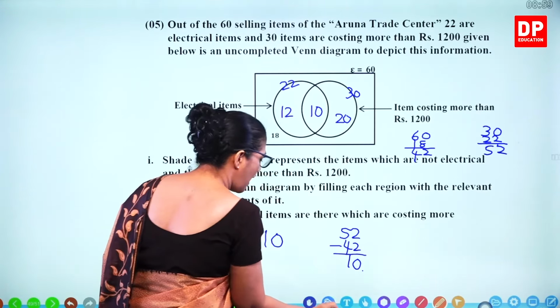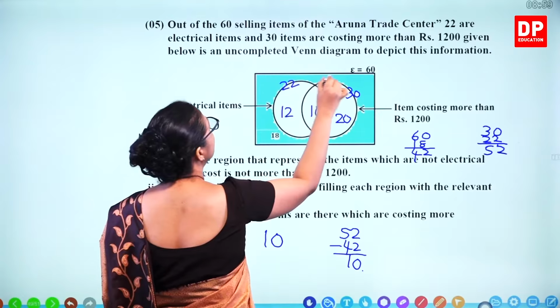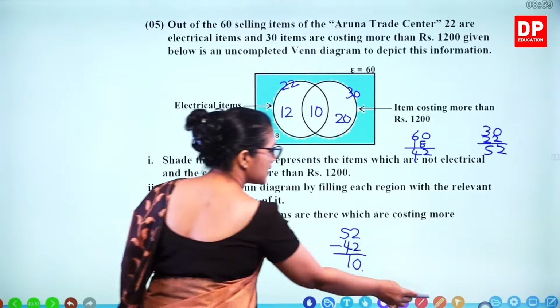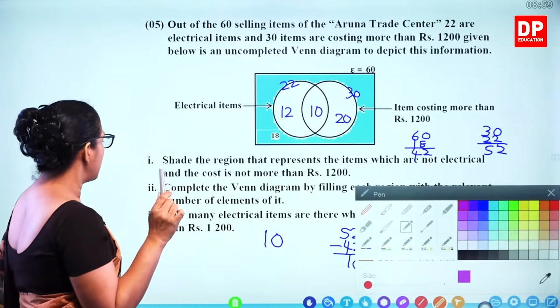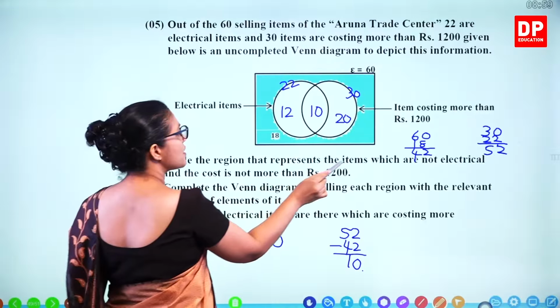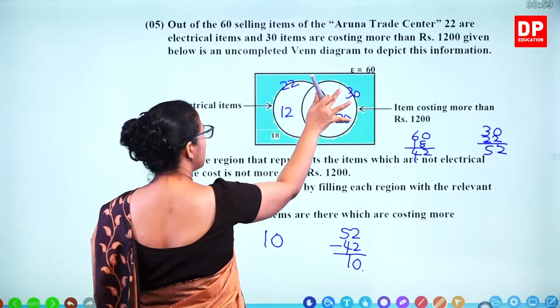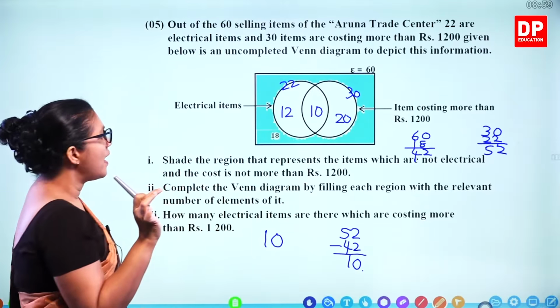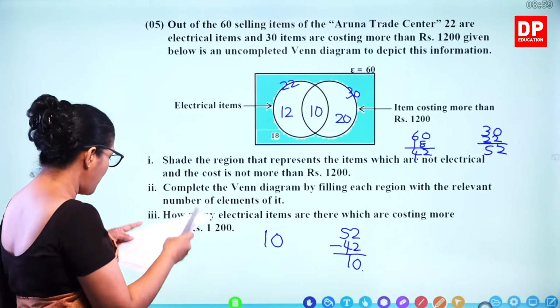So you have to color outside as well. So that's this part. Again check it: shade the region that represents items which are not electrical and do not cost more than 1200. Now we'll see how many marks for that.